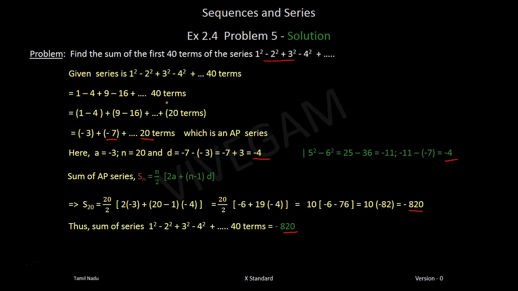But one key difference is that earlier they had told it is 40 terms, and 40 terms will become 20 terms because two numbers of the given series become one number in our calculated AP. You got it? So 40 will become 20, half of it. That's the only catch here.